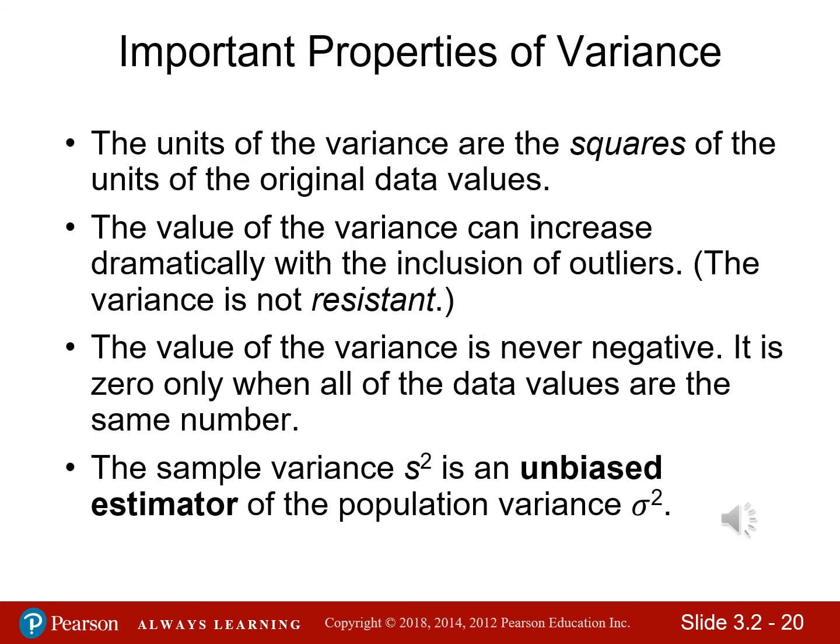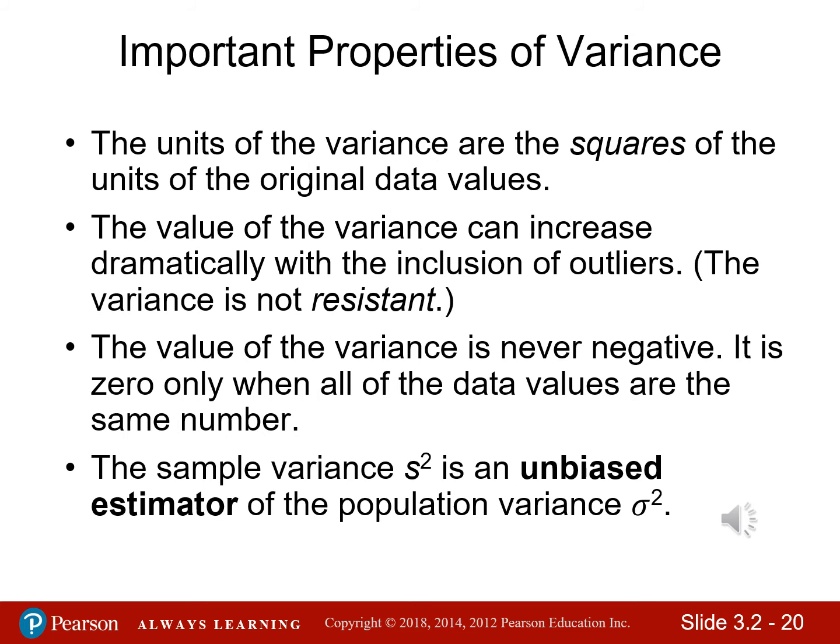Let's review some important properties of variance. The units of the variance are the square of the units of the original data values. The variance is not resistant and can increase dramatically with the inclusion of outliers. The value of the variance will never be negative.